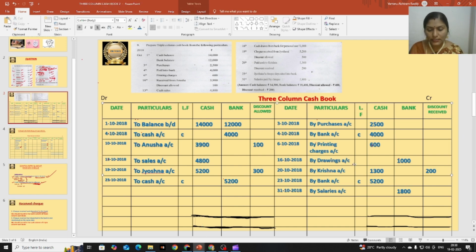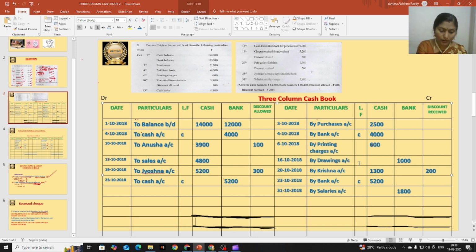You see, what is the total of debit? Total of debit is 14,000 plus 3,900 plus 4,800 plus 5,200. So that is how much? 27,900. So the cash column debit total is 27,900.